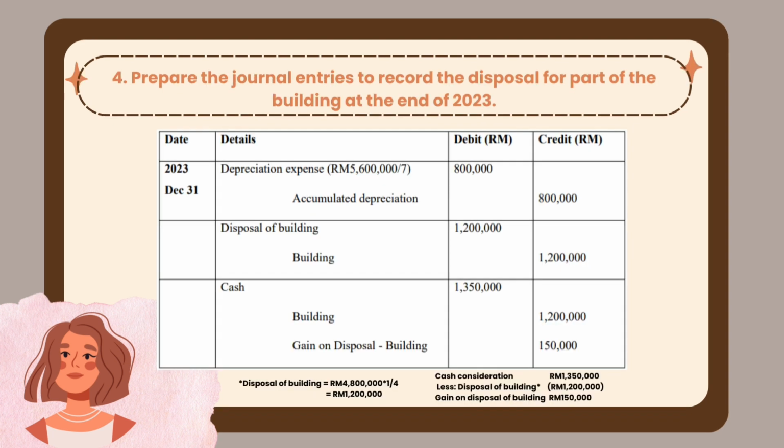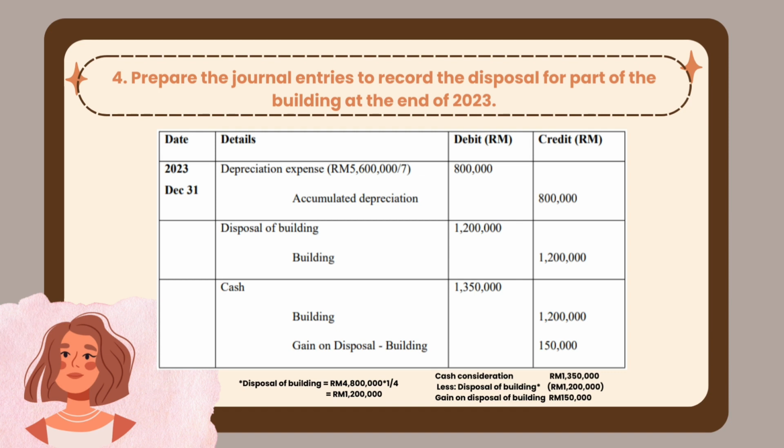We have to prepare the journal entries to record the disposal for part of the building at the end of 2023. The first journal is debit depreciation expense and credit accumulated depreciation. The second one is debit disposal of building and credit building. And the third journal entry is debit cash and credit building and gain on disposal of building. The calculation is as follows.